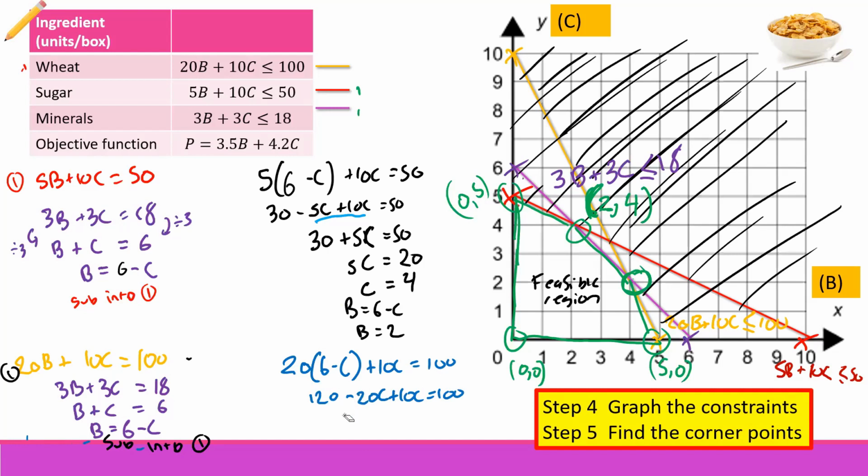Okay, so now that's going to give us 120 minus 10C equals 100. Removing 120 from both sides gives you negative 10C equals negative 20. So C equals 2. What I did with each of these things is I would subtract 120 from both sides. And then here I divided both sides by negative 10.